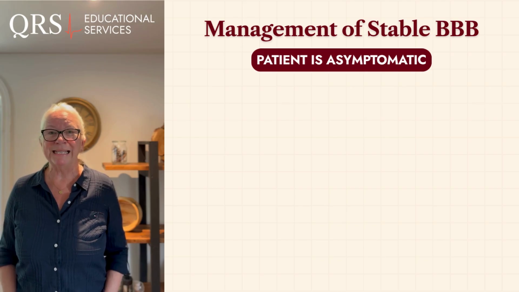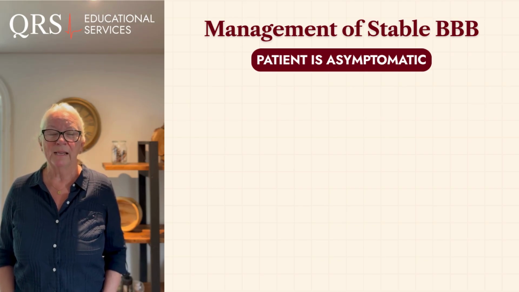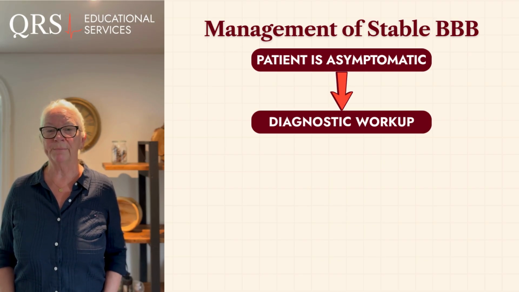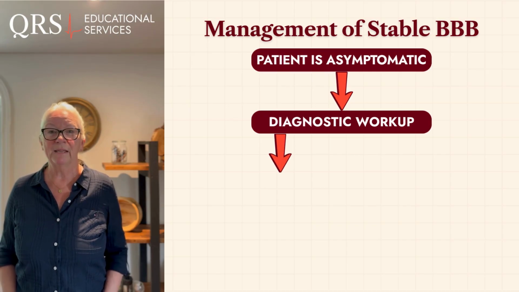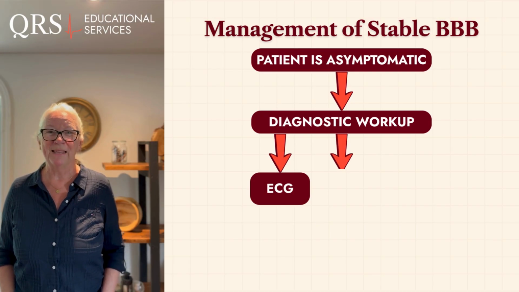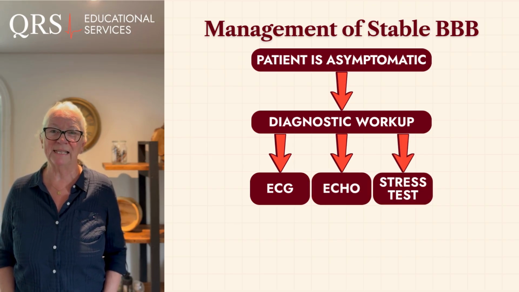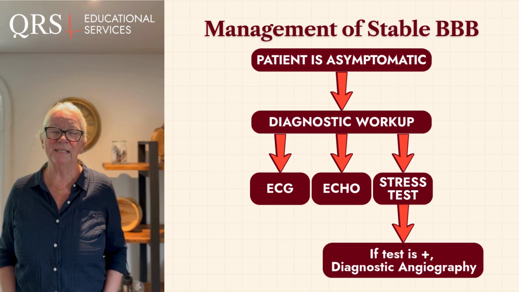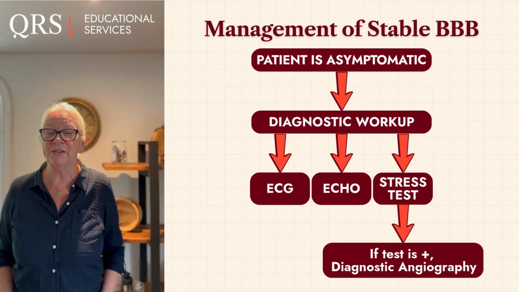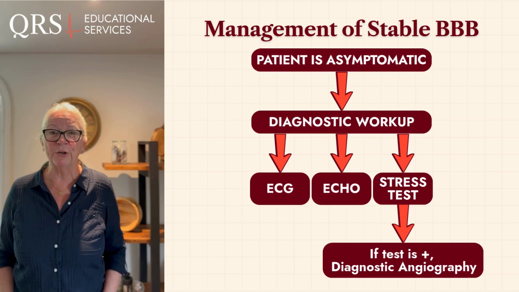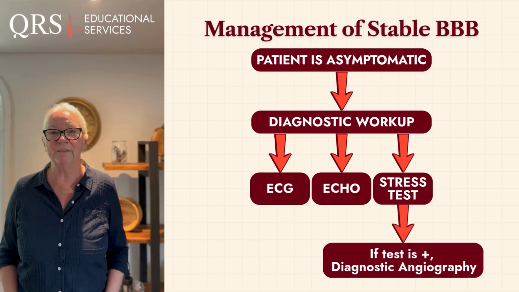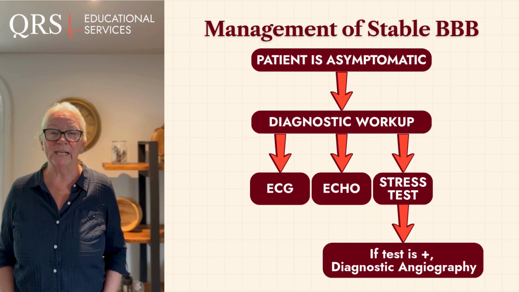If the patient is asymptomatic, they will need a cardiac workup consisting of 12-lead ECG, an echocardiogram, some form of a stress test, and if the stress test is positive, then they will also need some diagnostic investigation, such as a diagnostic angiogram to determine the degree of coronary blockage or narrowing.